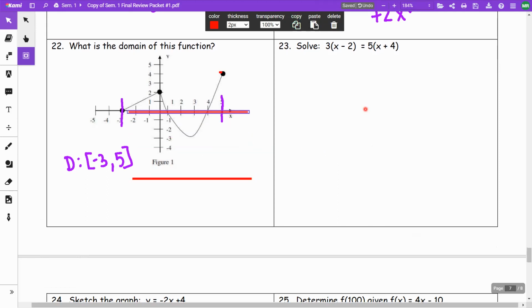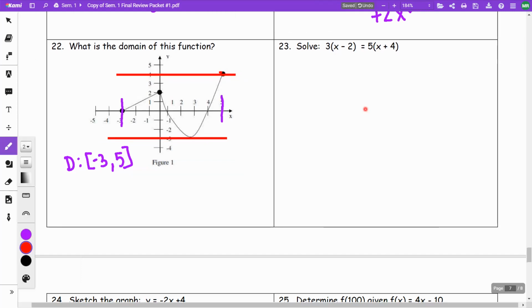Okay, so the highest it goes looks like about a 4. The lowest it goes, it looks like about a -3. So my range is going to be from -3 to 4, close brackets.